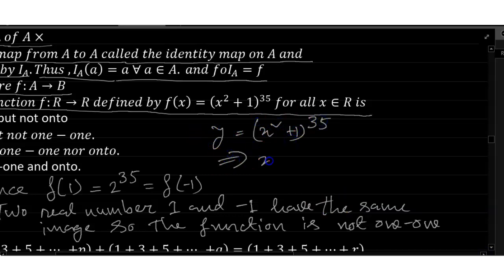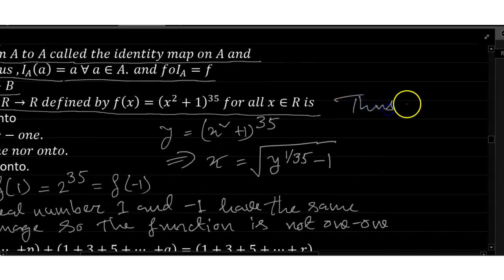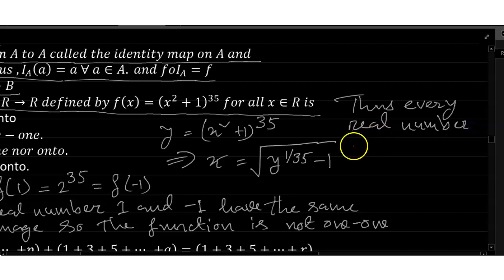So that implies x equals the square root of y to the power 1 by 35 minus 1. Thus the real number has no pre-image.